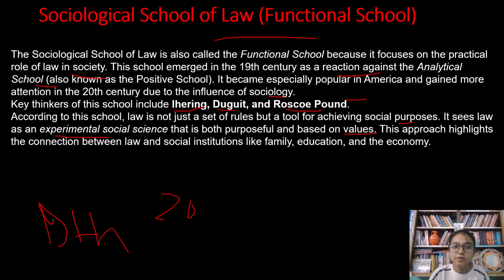This approach highlights the connection between law and social institutions like family, education, and the economy. So, the sociological school of law is basically linked with social institutions, for example, family, education, and the economy, and those are all socially linked, and therefore, the sociological school basically focuses on that particular part only.